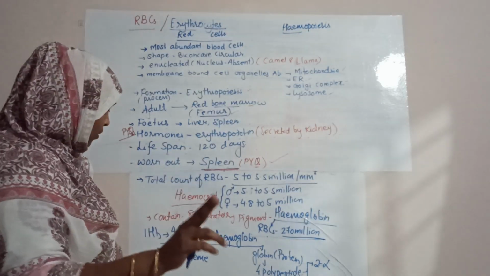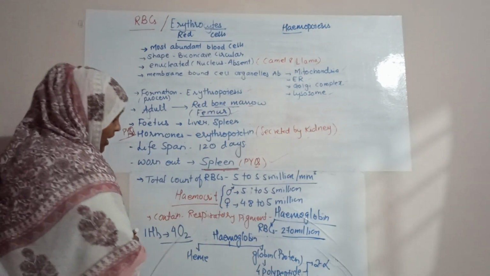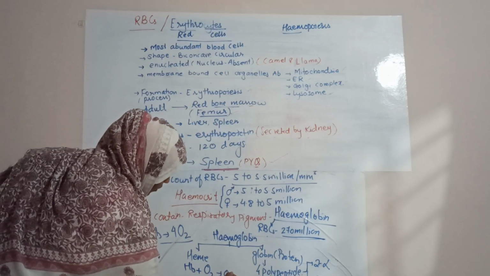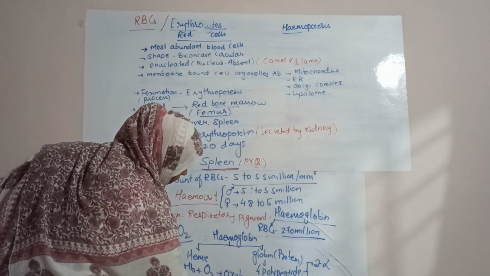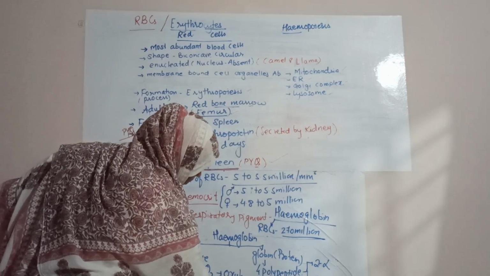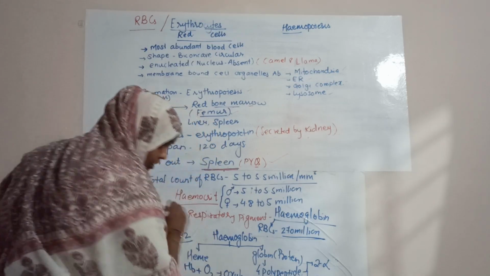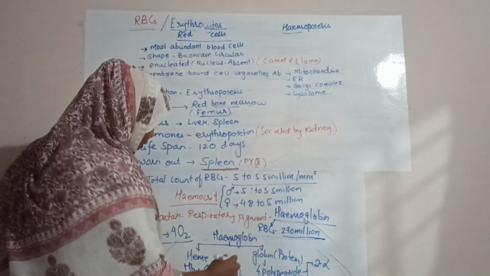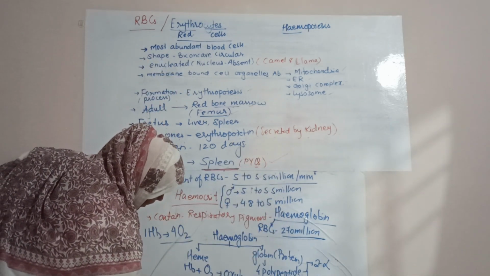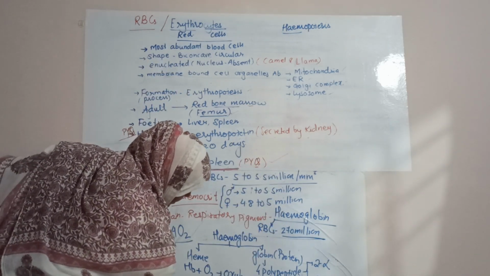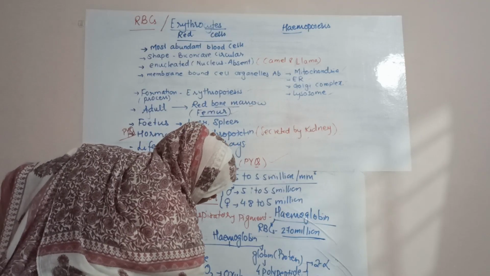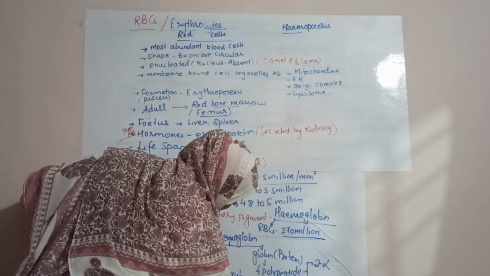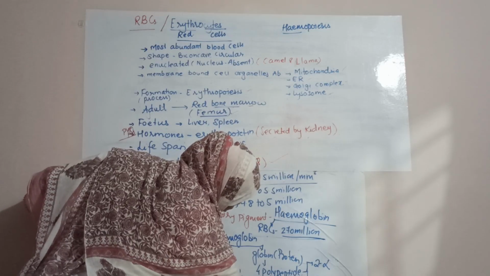When hemoglobin combines with oxygen, it is known as oxyhemoglobin. But when hemoglobin carries CO2, it is known as carbaminohemoglobin. In carbaminohemoglobin, the heme group is not involved.